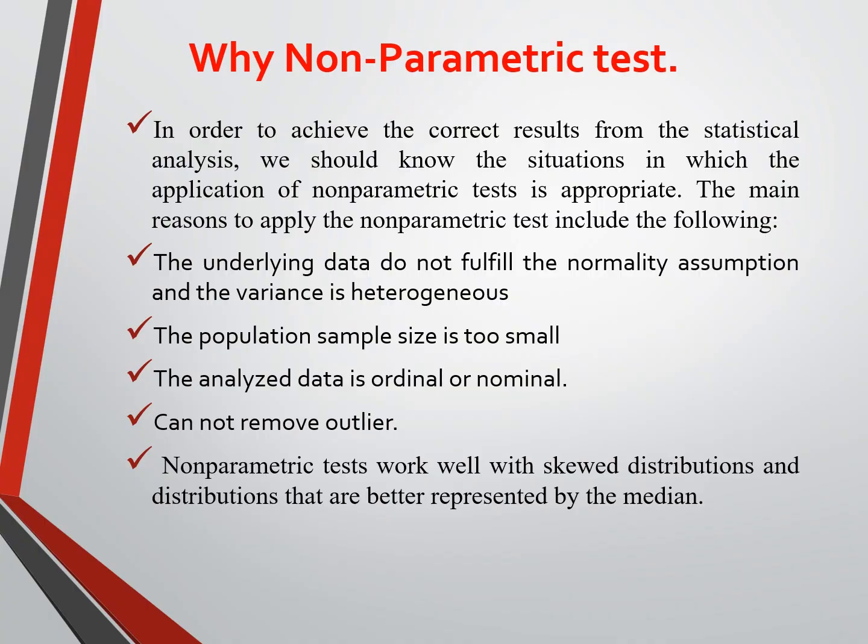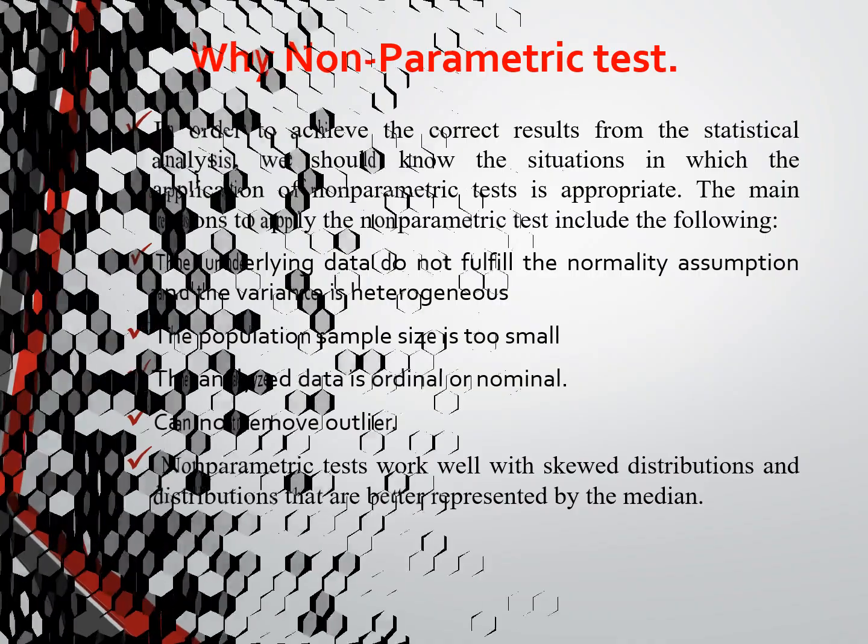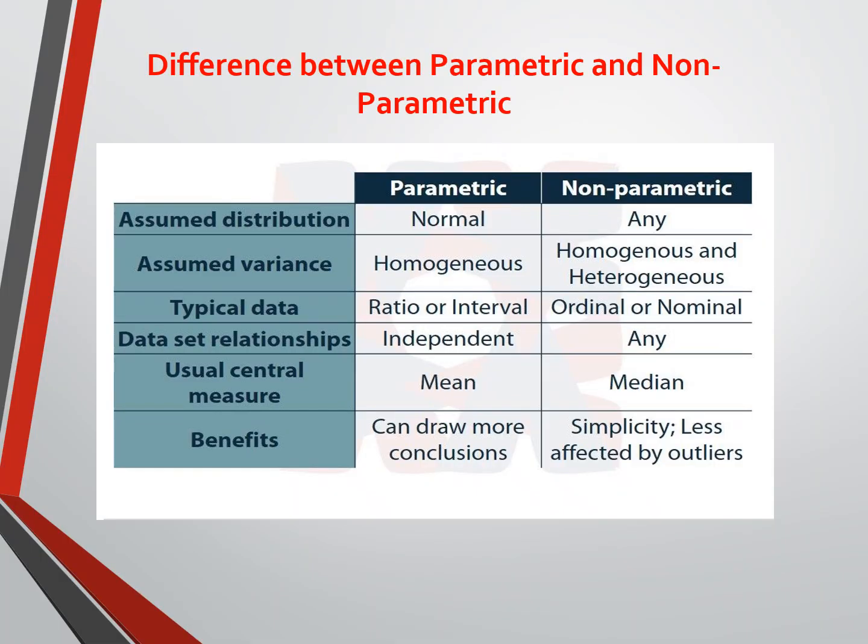So here we can simply take the difference between the two. The assumed distribution in the parametric case is normal, while for non-parametric it is any. In parametric, we assume the variance is homogeneous, but in non-parametric, it may be homogeneous or heterogeneous. For data set relationship, in the parametric case we can take it as independent, like two independent samples, two different divisions, where we are trying to work out the student performance level.